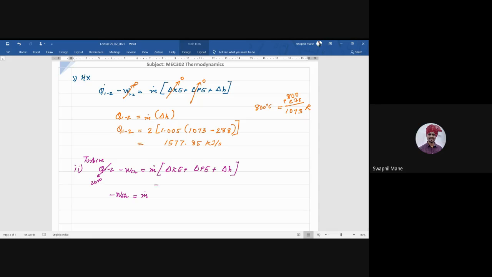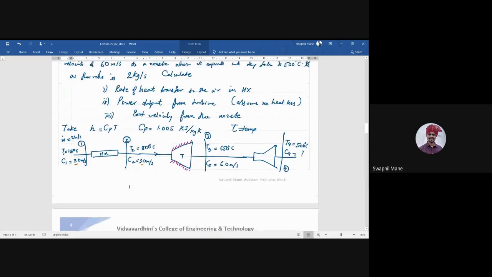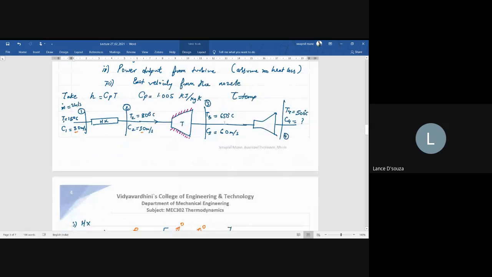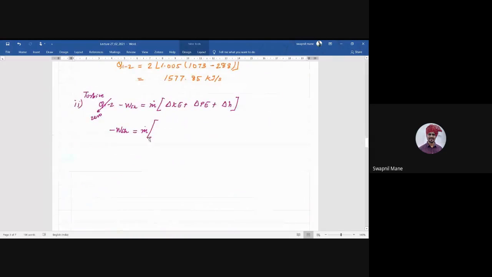That is equal to m dot into, whether there is any change of velocity in the turbine? Yes, sir. Final minus initial means 60 minus 30. Yes or no? So it will become C2 square minus C1 square by 2000. It is 2, but to convert into kilojoule, we will put 2000. Plus delta PE is equal to 0 because there is no change of height.